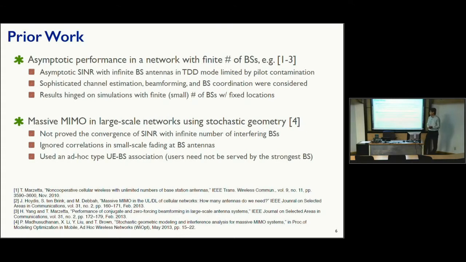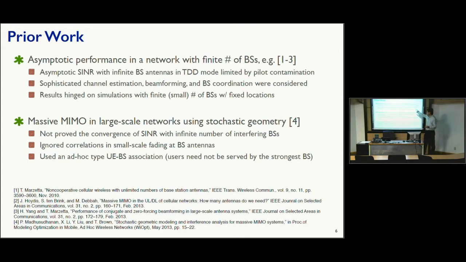Talking about the prior work, there are many prior works on analyzing the asymptotic performance in a massive MIMO network, mostly with a few base stations, which we call small-scale networks. If we look at the results in these papers, firstly they show that even though we have an infinite number of antennas, the SINR will not go to infinity, as a phenomenon called pilot contamination will limit the SINR in the asymptotic case.